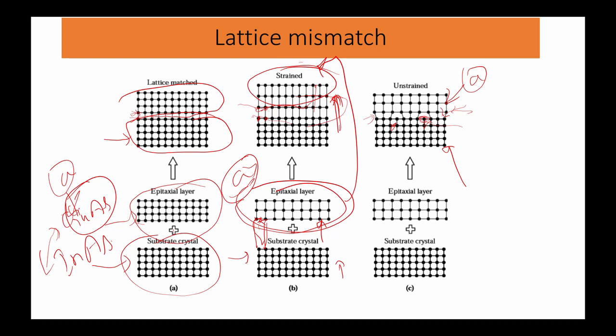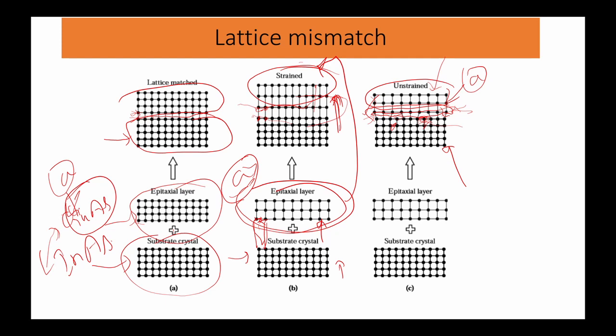Because of that, these are unbound. Other than the first atomic layer, the other layers are unstrained. There is no strain between them.